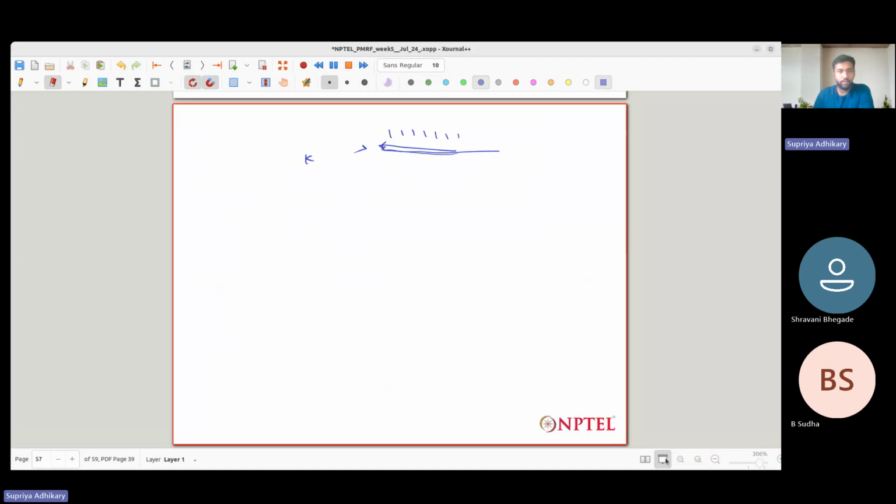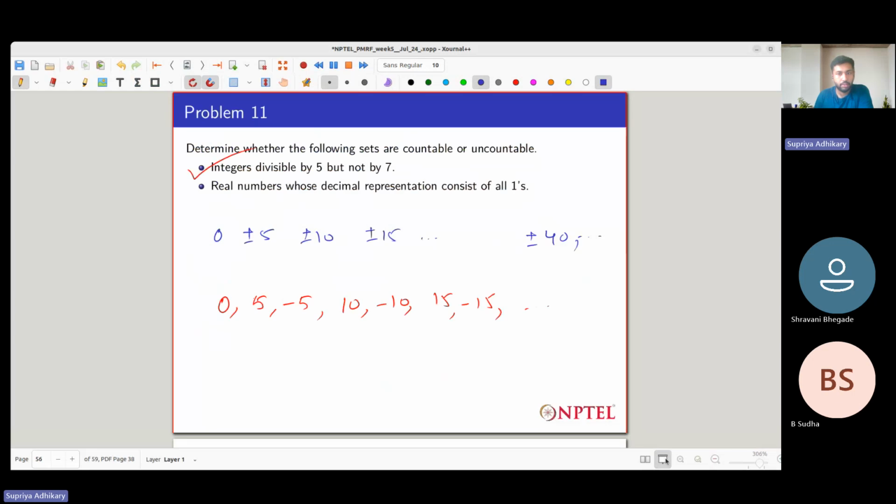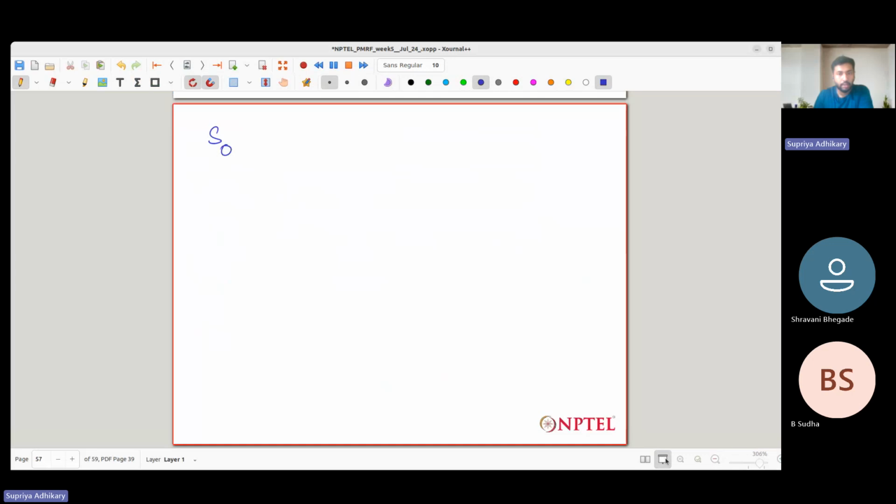So now, what we can do is find these sets. First of all, I will take the set S0. We define the set S0 as all those elements whose decimal representation consists only of ones, and before the decimal there is no number.